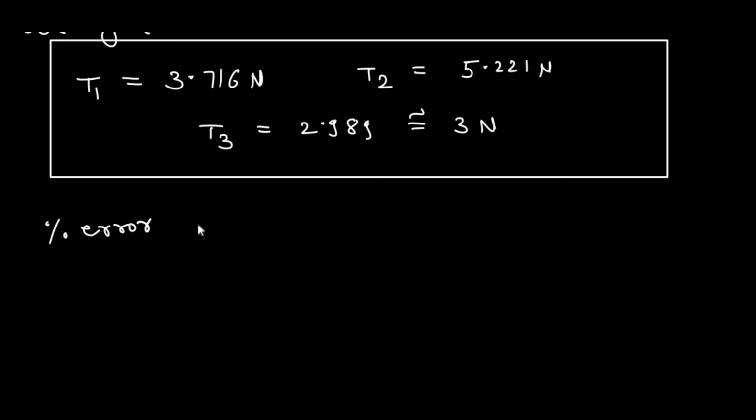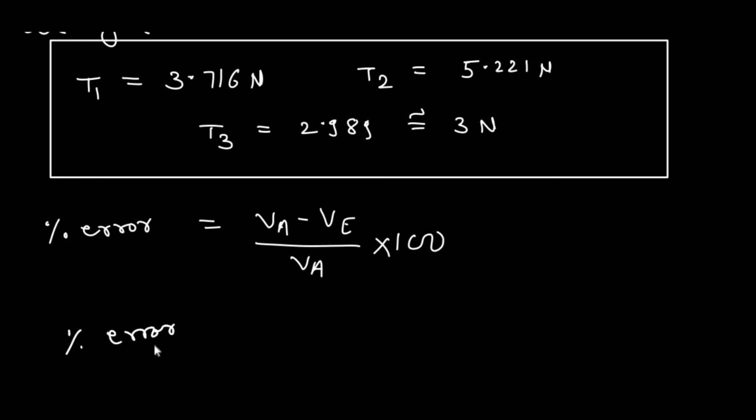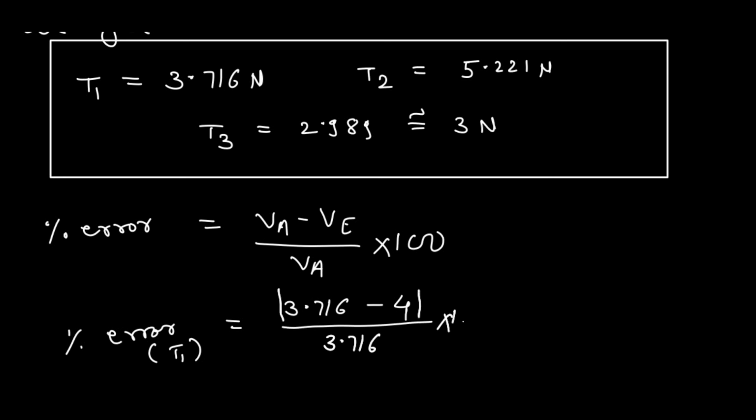How do we calculate it? It is the analytical value minus the experimental value, divided by the analytical value, times 100. For T1, the analytical value is 3.716 and the experimental value is 4, so the mod of 3.716 minus 4, divided by 3.716, multiplied by 100.